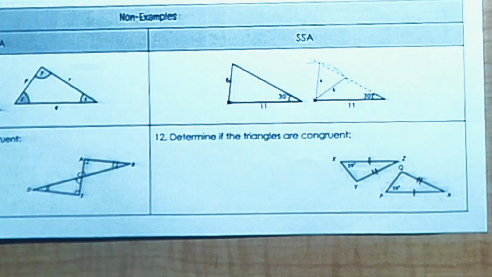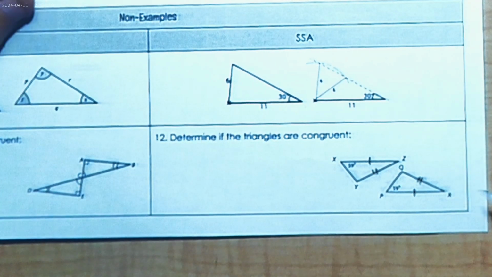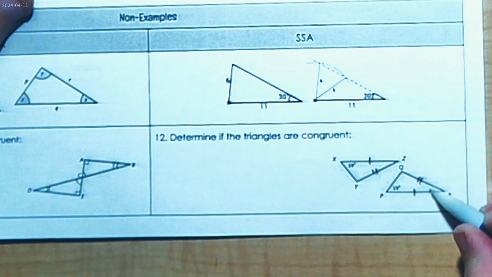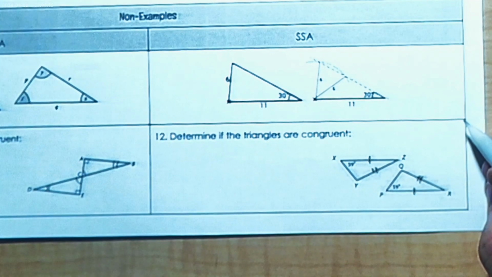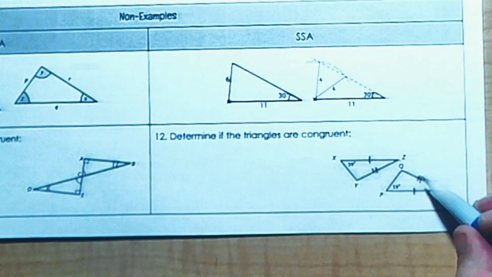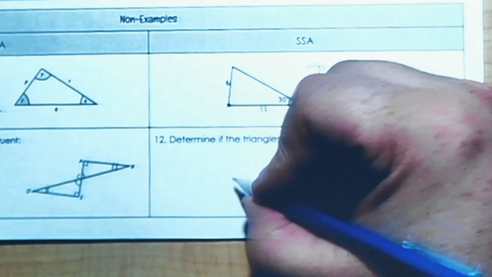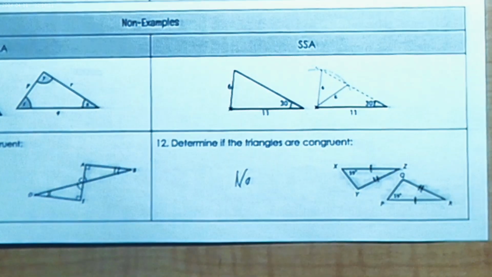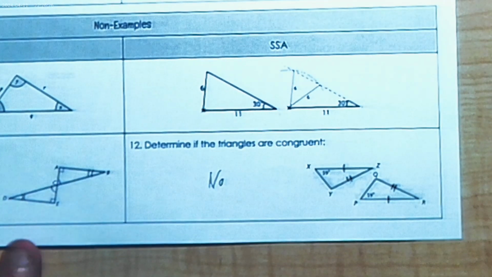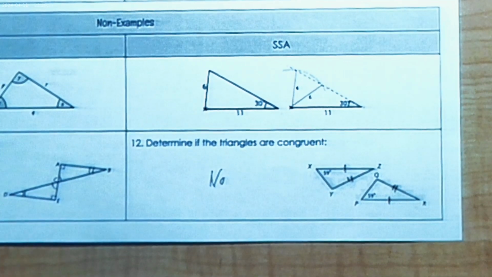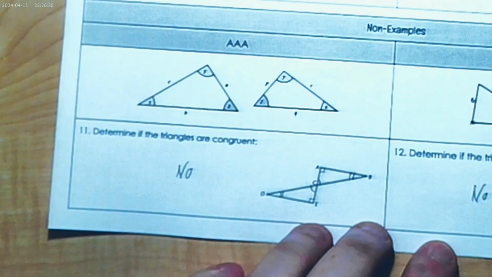If we were going to do side angle side, then it would have to be side, this angle, and then side. This is going to be angle side side, so this isn't going to work either. And here I thought it was going to be a genuine, let's see if you can make this work challenge. No, it's just an example of angle side side and angle angle angle.